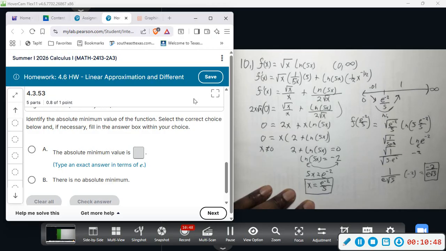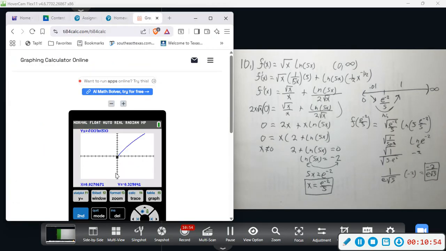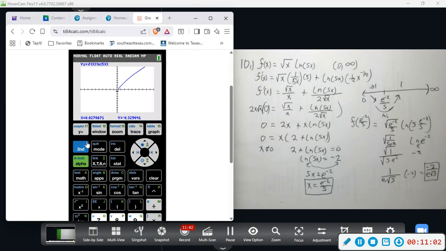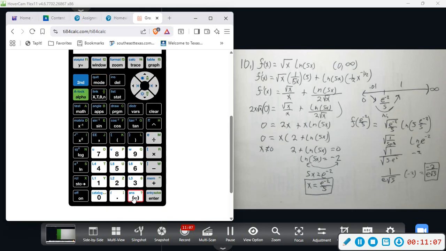Again, we can rationalize the denominator, but I'm just going to type this in and verify it matches with what we saw from the calculator. So the negative 0.329, I'm going to type this in and see if we get it. So go to the home screen, and then we'll type negative 2 divided by e square root of 5.